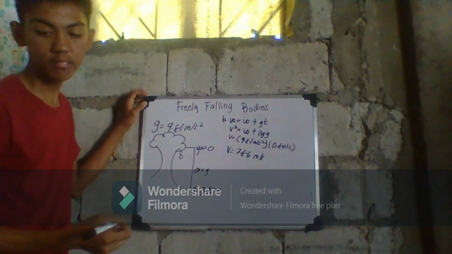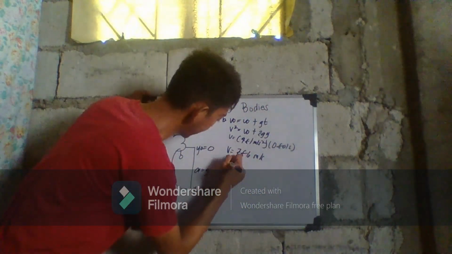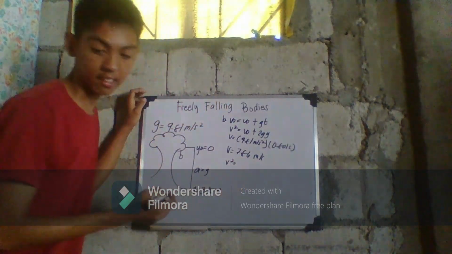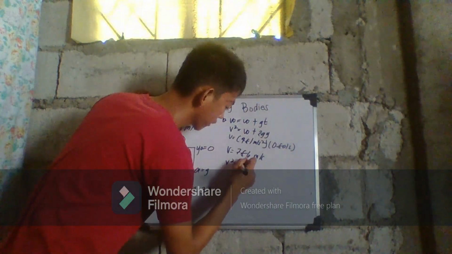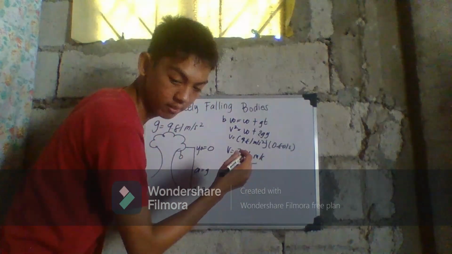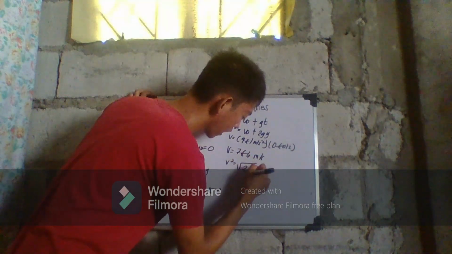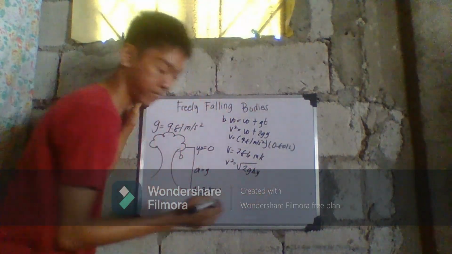So, v squared equals the square root of 2g change of y.